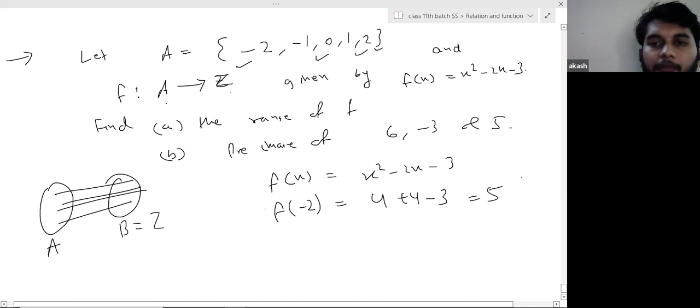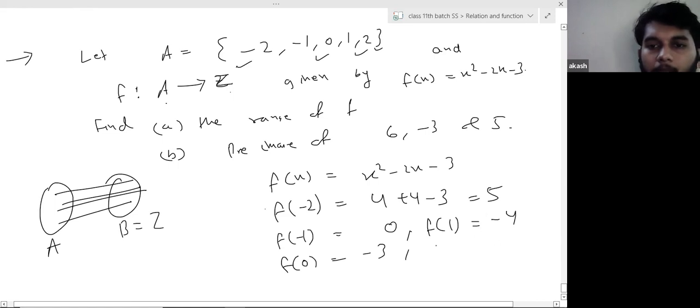So 8 minus 3 is 5. f(-1) will be 1 plus 2, minus 3, which is 0. f(0) will be -3. f(1) will be 1 minus 2 minus 3, which is -4. f(2) will be 4 minus 4, 0 minus 3, which is -3. Absolutely right. There is no 6.